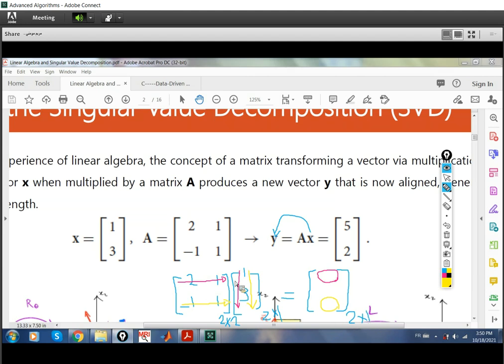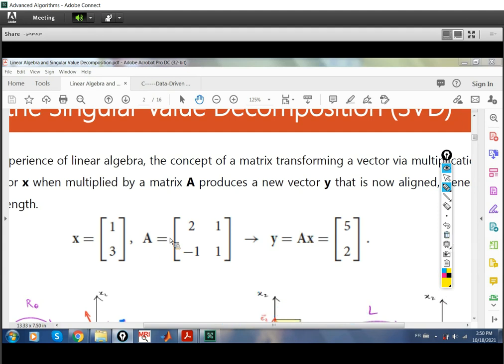For example, 2 multiplied by 1 plus 1 multiplied by 3 is 5. Here we can see. And minus 1 multiplied by 1 is minus 1, plus 1 multiplied by 3 is 3. 3 minus 1 is 2. Yeah, it is 2.